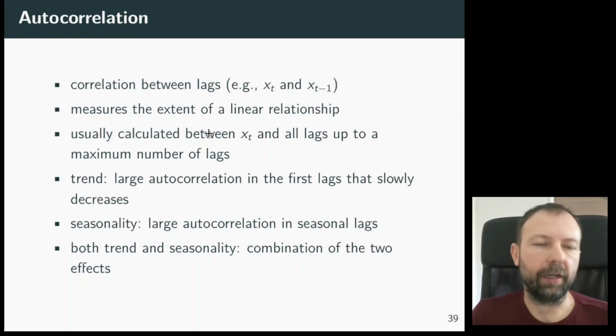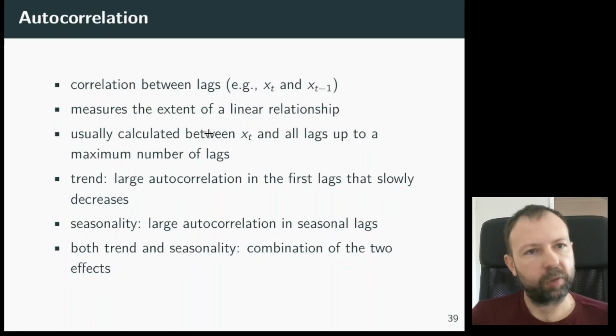And with that we can calculate the autocorrelation, right? Autocorrelation is just the correlation between lags. For example, as we've seen, between t and t minus 1 or t and t minus 12. Correlation measures the extent of a linear relationship.